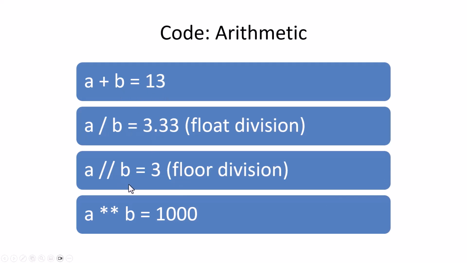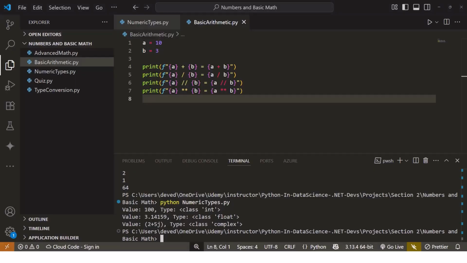This is the expected answer that we are going to get, but let's see. A floor division b is 3, which is a whole number, and a asterisk b, a to the power b is 10 to the power 3, 10 into 10 into 10, that is 1000. So let's see all of these in action.